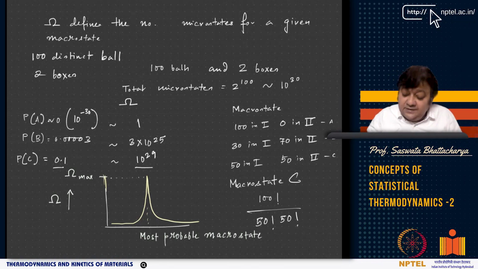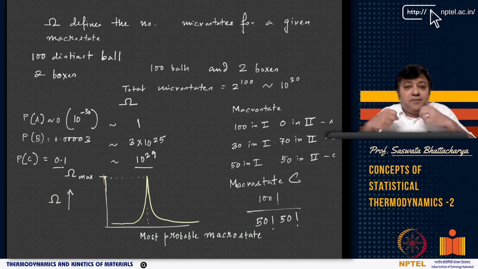So we can see that when the number of particles, the number of distinguishable particles, increases, you can immediately see a very rapid change in the number of microstates corresponding to the most probable macrostate, right?